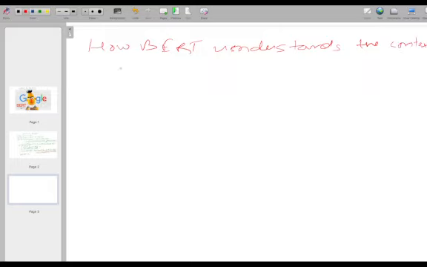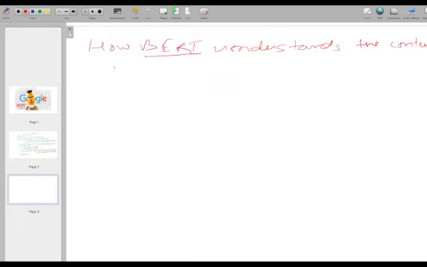Now for understanding that part, as I already explained, BERT is based on the transformer architecture, where we don't need to pass the sequential data. You can pass the data in any format. We will talk about that in detail, but let's come back to BERT.